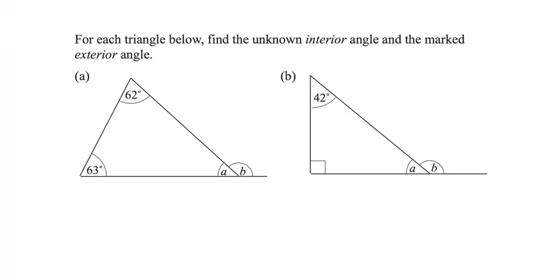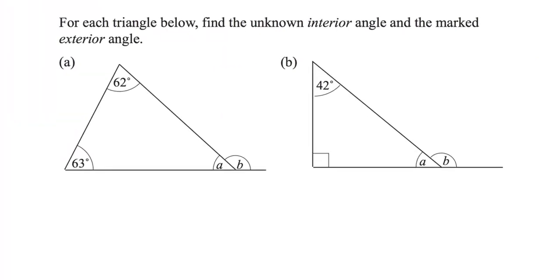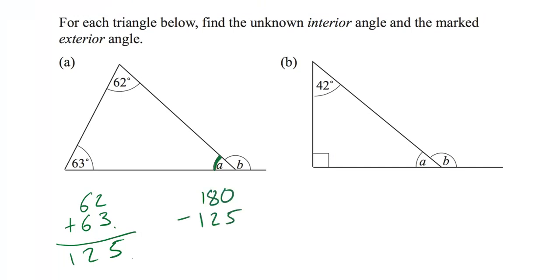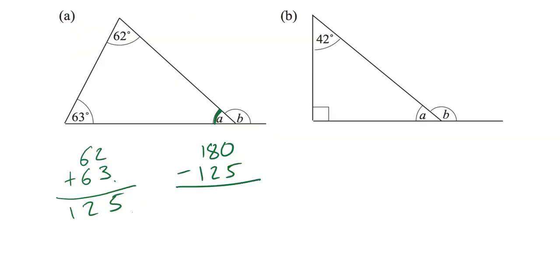Okay. So in this question, let's find the interior angle remaining, but also that exterior angle, the B in both cases. So in part A, we should work out what's left over after we've got 62 and 63. Well, that is going to be 125. So in order to find that A, we need to do 180, take away that 125 to see what is left over. That is going to be 55.